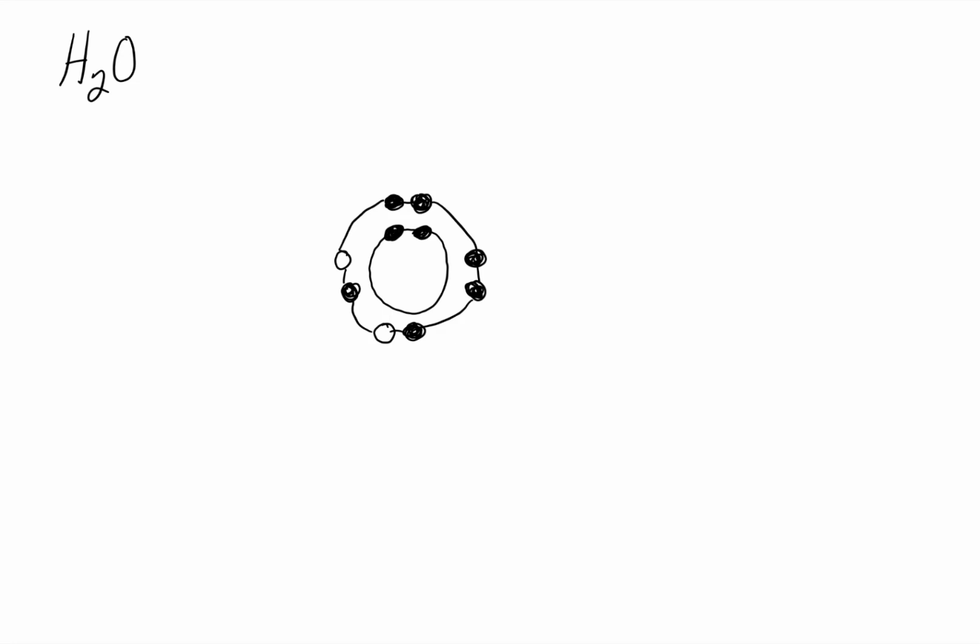If we place these hydrogen atoms and share pairs of electrons with that oxygen atom, we have constructed the electron configuration for water.